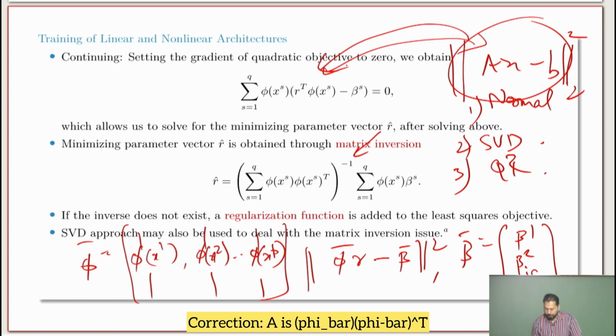Now when I have this form Ax minus b, the SVD approach would say approximate A by SVD. So it will be U sigma V transpose x minus b.